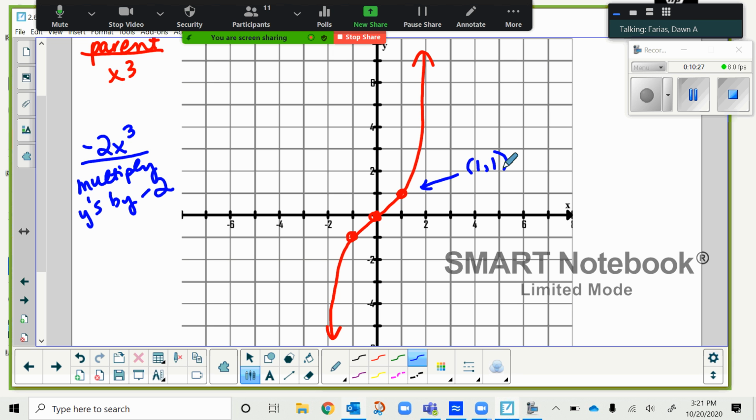So your new modified point, x stays the same, so it'll be 1, but the y becomes -2. That's what the A value does. It multiplies the Y values by itself.